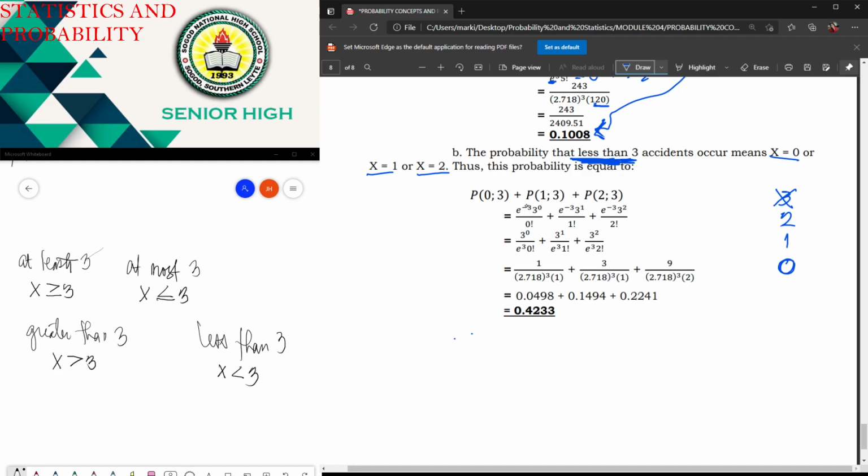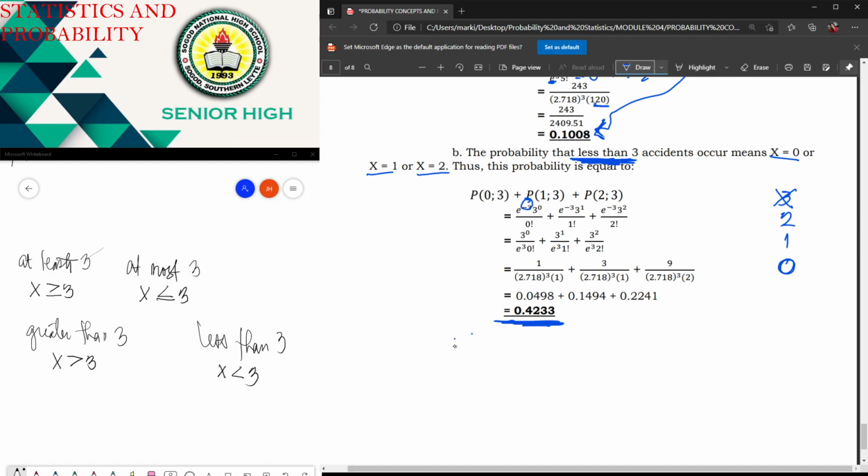And then remember that it will become negative, it will transfer to the denominator. That's why we have e raised to 3, and then substitute it by the natural logarithm, which is 2.718. Okay, so and then by simplifying that one, you add those answers. So we have 0.4233. So this is the probability that less than 3 accidents occur.